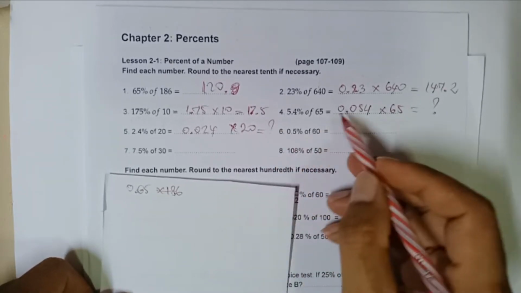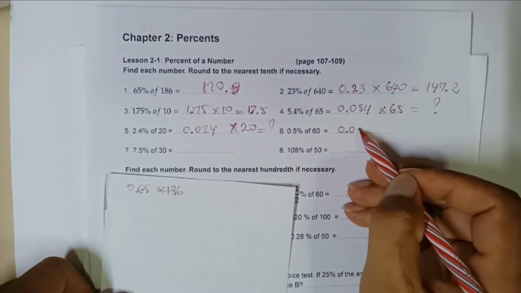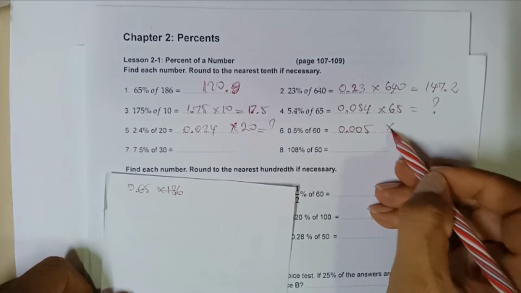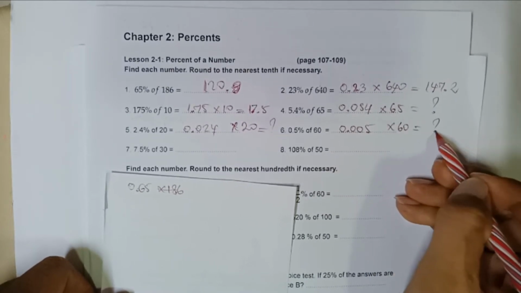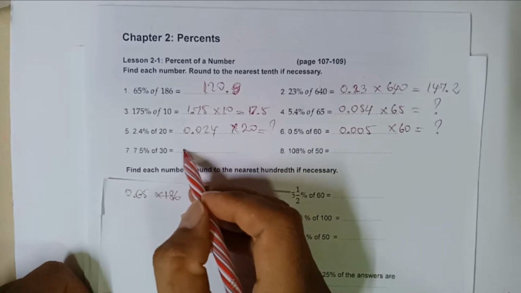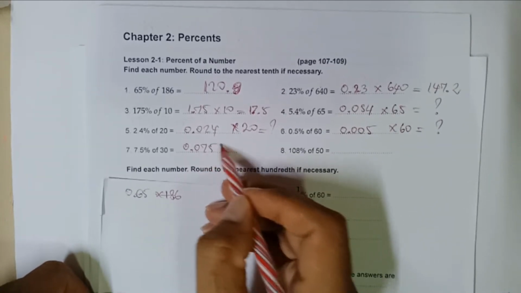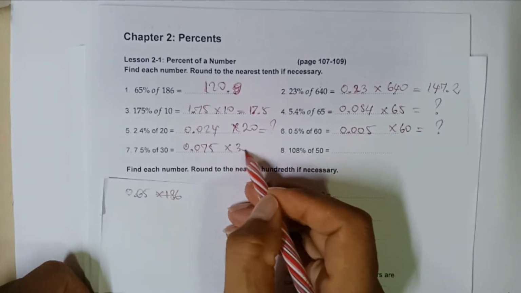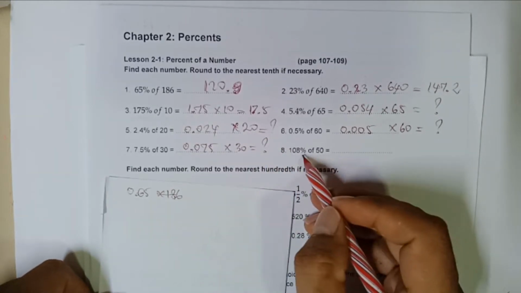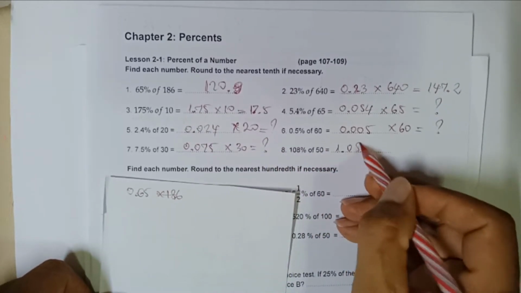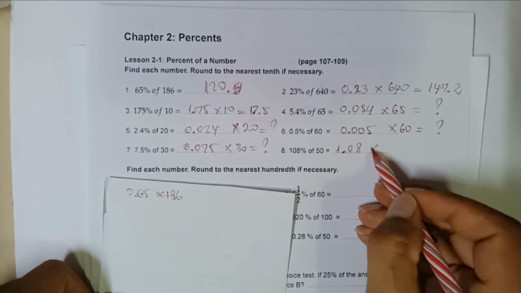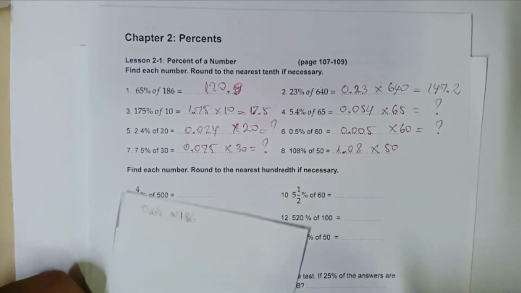This one you have 0.005, and you multiply it by 60. This number, 0.075 multiplied by 30. And then for this number, you have 1.08 in decimal form, and you multiply it by 50. Okay.